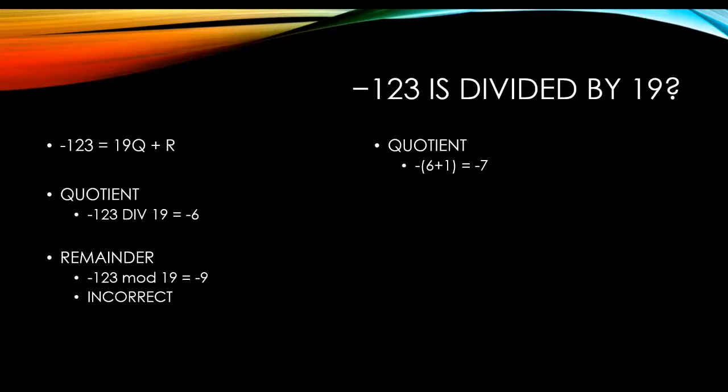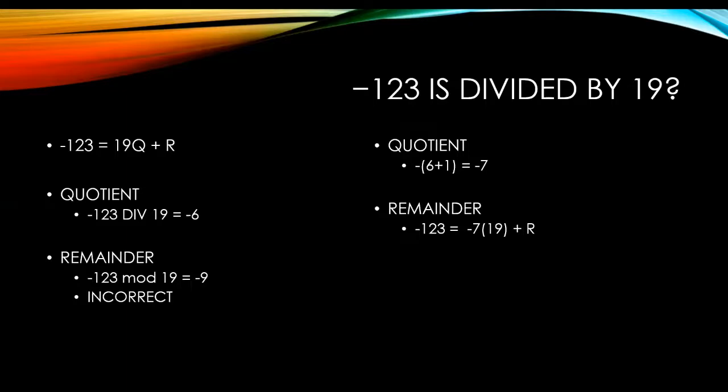Why? Because don't forget, iba ang treatment natin sa negative. So to correct the remainder, we're going to add 1. And then using the division algorithm, this will be the new equation.